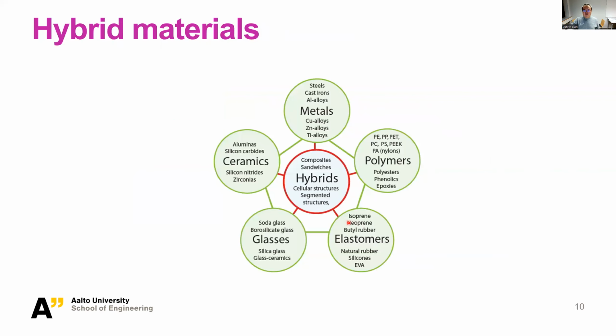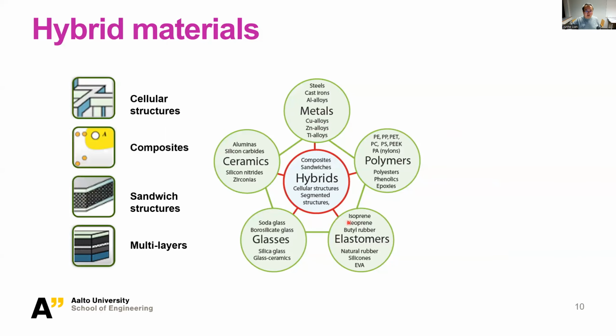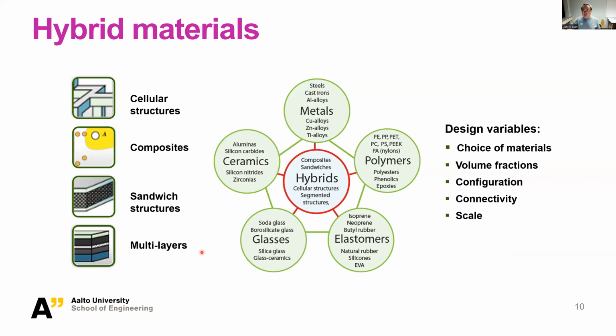To go into more detail, I gave you basically four classes of action plans for designing hybrid materials or manipulating geometries. The first is cellular structures, the second is composites, the third is sandwich structures, and the fourth is multi-layers. So just to give you the design variables for all these different structures or action plans, what we could have is, first, choice of materials.